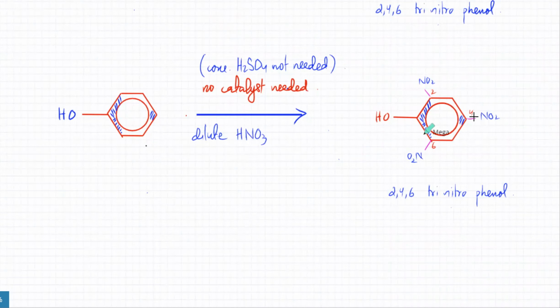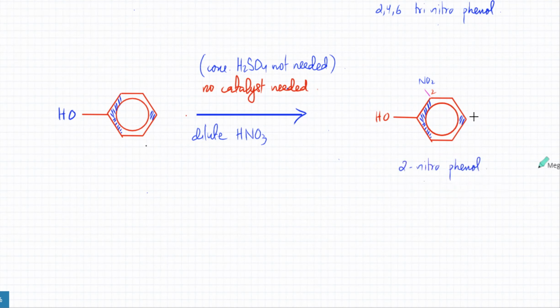Again, you don't need any catalyst. But this time you'll get 2 products. In one of them the NO2 gets attached at position number 2. You're just going to call it 2-nitrophenol. That's the name of the molecule.